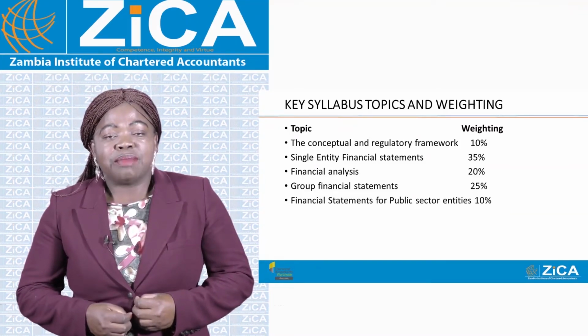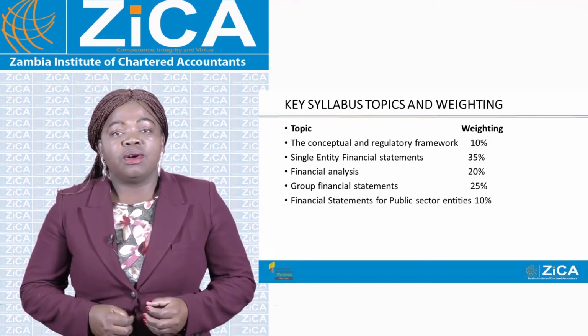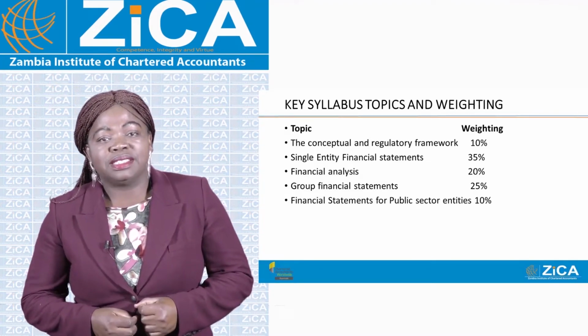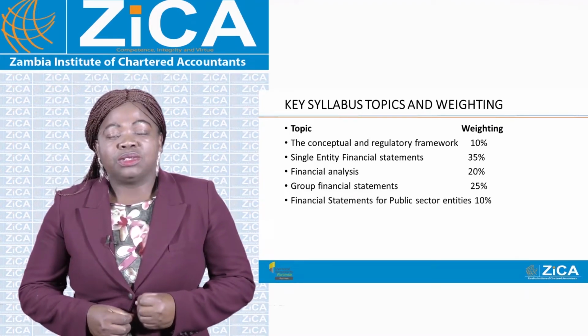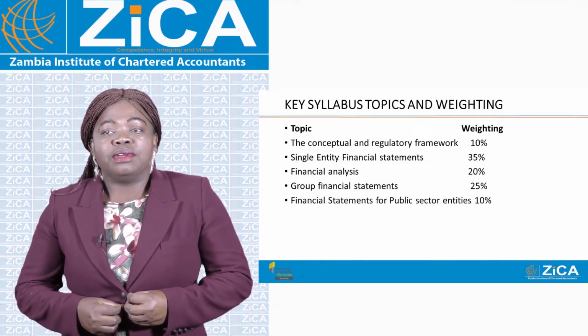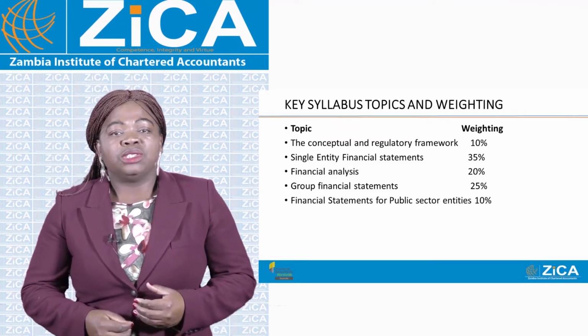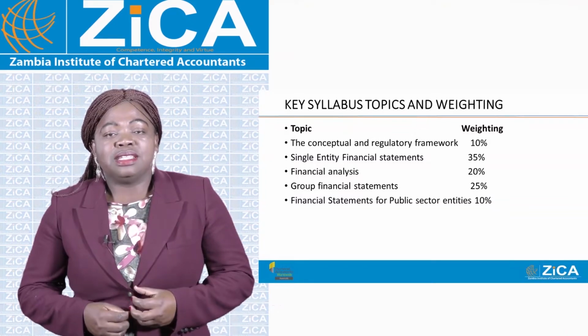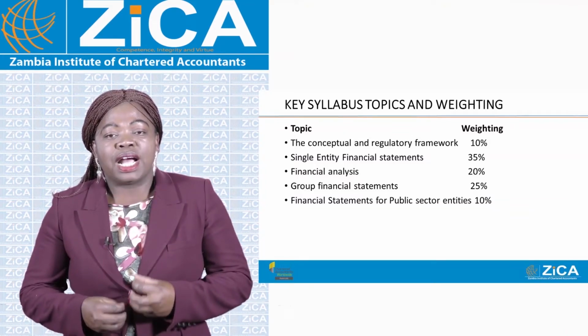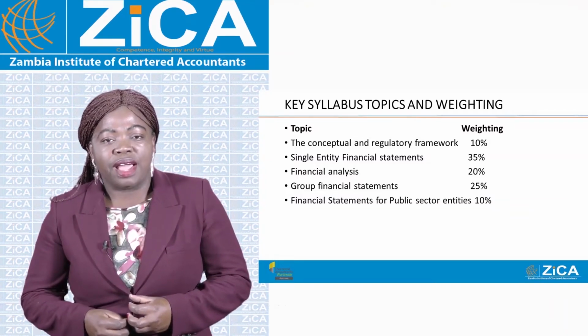The other syllabus area is single entity financial statements. Single entity financial statements require the preparation of financial statements, but they have all sorts of accounting standards that come with the area.